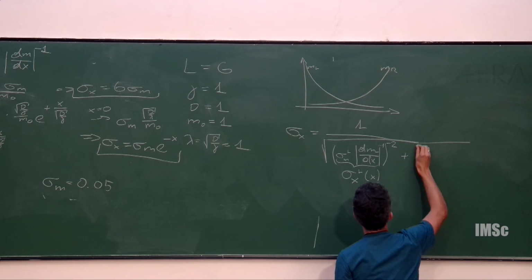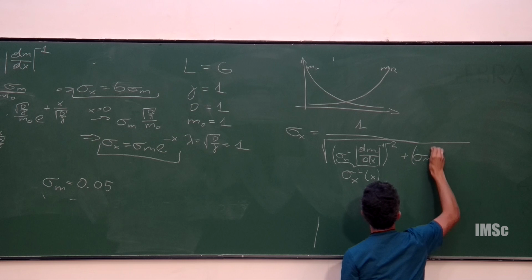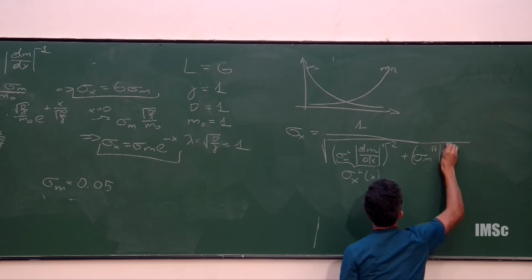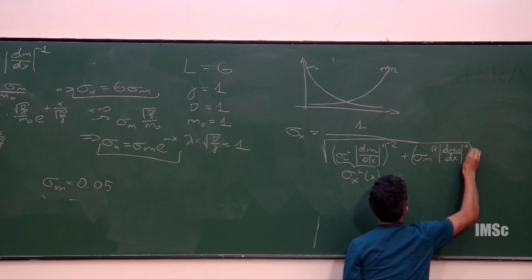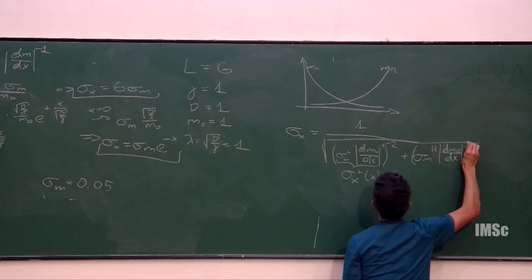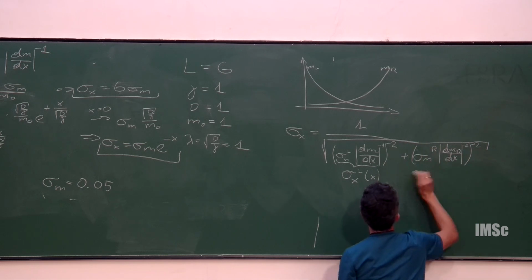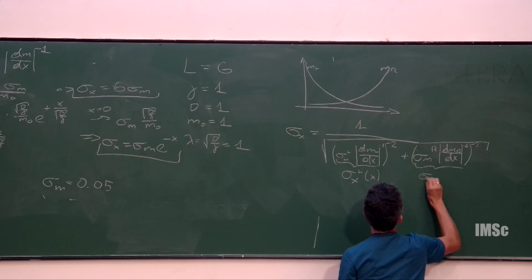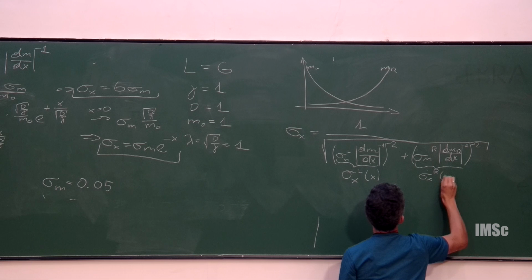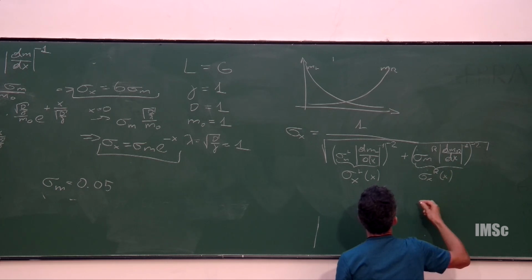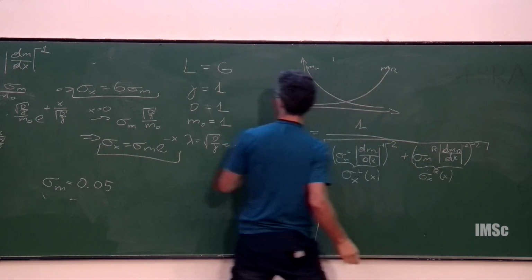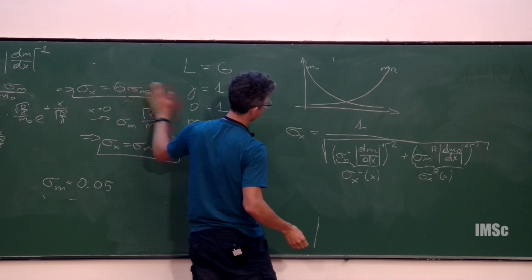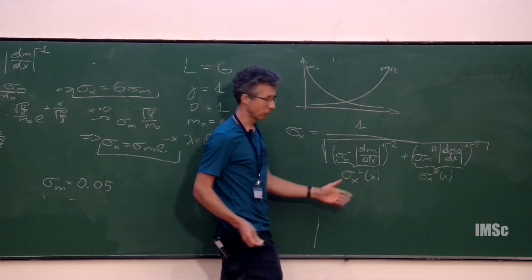Then let me write the full one. So you have the full, and this is of the right gradient. And now let's assume, as in our toy model, that both of them have the same magnitude.